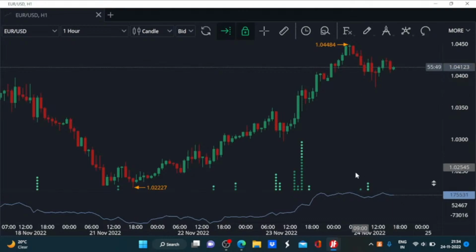So the formula of this indicator is fairly simple, but if you need the exact formula, you will have to do a bit of a search on the internet. I would try to give you an idea of how this works. We have to take the closing price of the underlying instrument. From that we deduct the low price for that particular candle period, and once we have this result in place, from that we deduct the difference between the high price and the closing price, and whatever is the resultant output, we divide it by the difference between high and low.